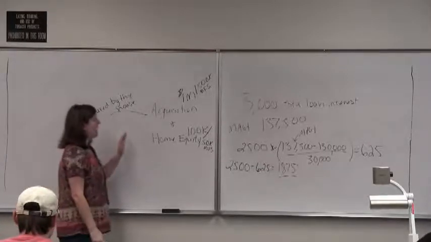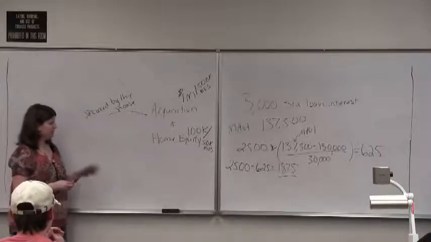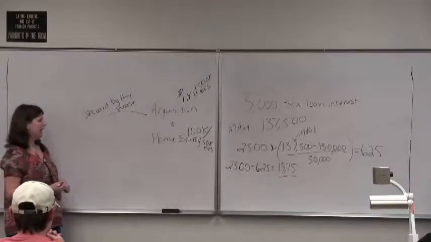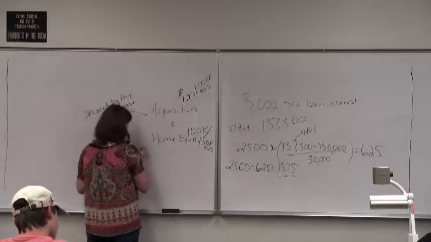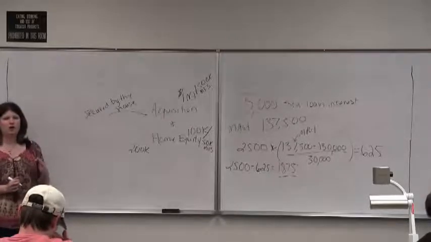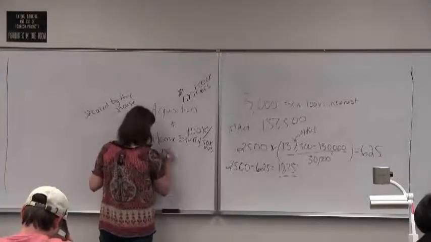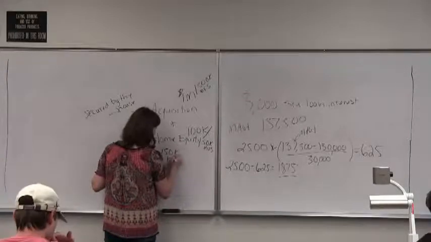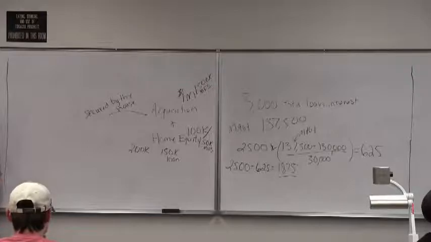So a home equity loan, I'll show you. Let's say you go to the bank and you buy a $200,000 house. So your house costs $200,000. But you only get a loan for $150,000. So we have $150,000 is the amount of the loan. So how much equity do you have in this house?